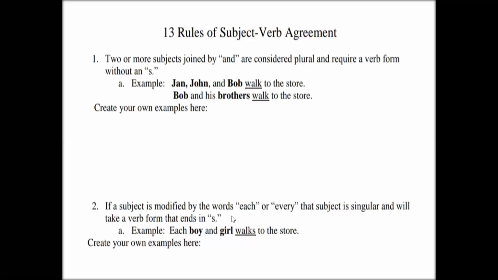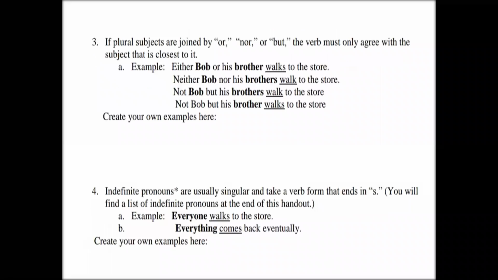So whenever the subject is preceded by each or every, we consider the subject as singular. Okay, and with the singular subject, we add s to the verb. So don't get confused with rule 1 and 2. When each is there, we ignore rule 1. Fine. So these are the two rules. Very simple, but very important.